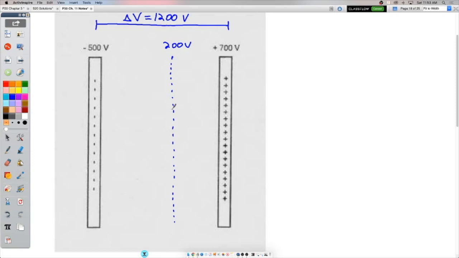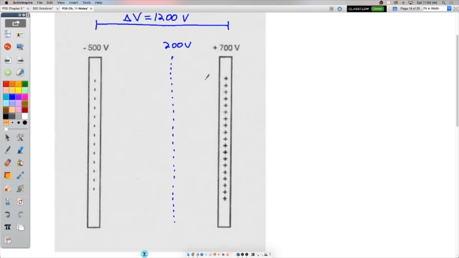Now part 2 asks us to draw the electric field vectors in between the plates. They kind of reminded you there, but even if they didn't, electric field is always a vector. So which way would the electric field be? We have to remember the definition of the direction of the electric field. It's always defined as the direction of force that a positive charge would feel.